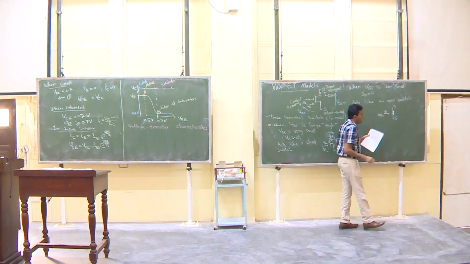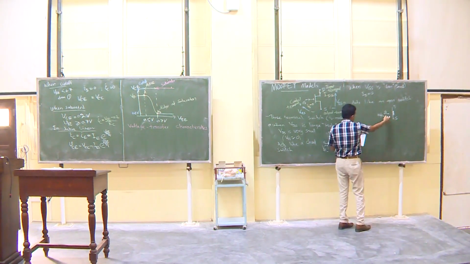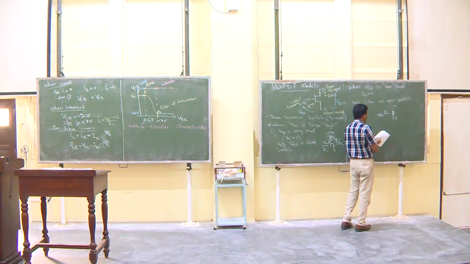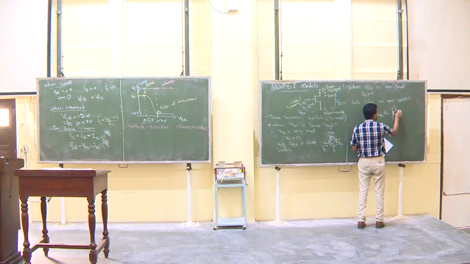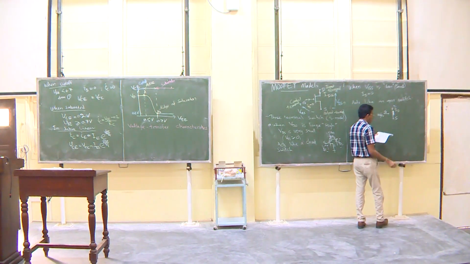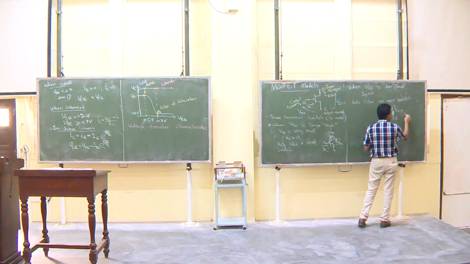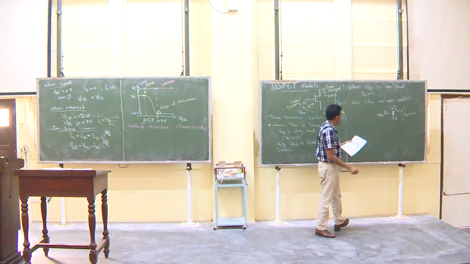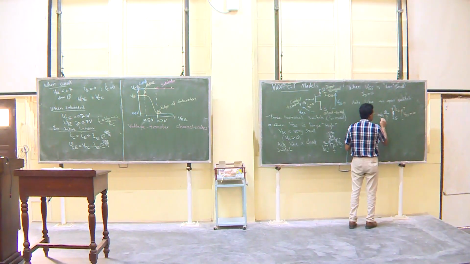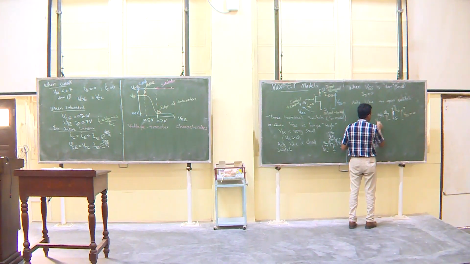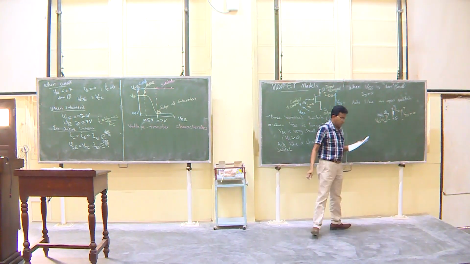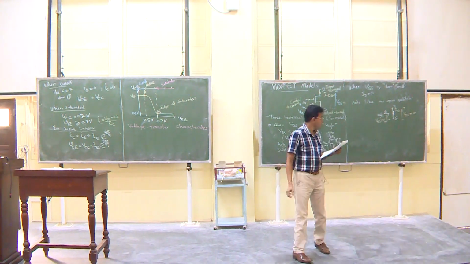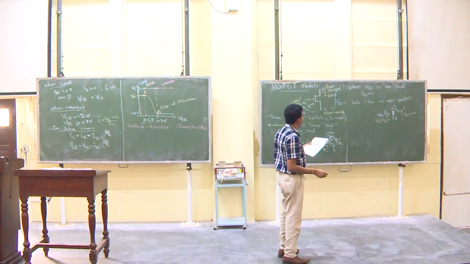When this is high, I have a closed switch, this ID is there, VDS equal to 0. VGS greater than a threshold, some value, right.